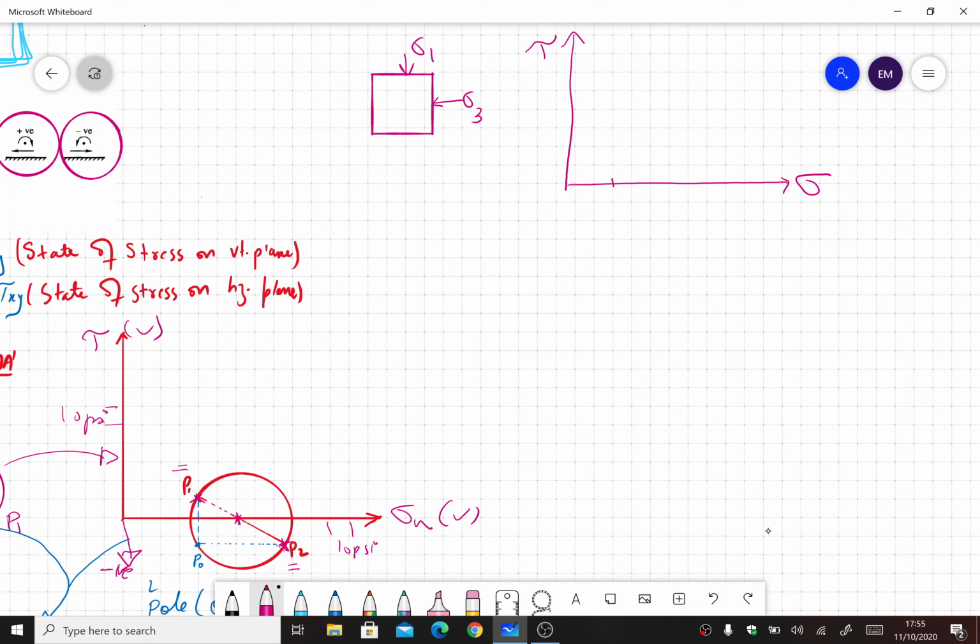First I'll mark the location of sigma 3, then sigma 1, and then I will locate its center, which is (sigma 1 plus sigma 3) by 2. Then I open my compass and plot the circle, and the radius of the Mohr circle is (sigma 1 minus sigma 3) by 2. So this was the case where we only have principal stresses, so it's very easy: just mark sigma 1 and sigma 3, because there are no shear stresses, so the value of tau is 0.